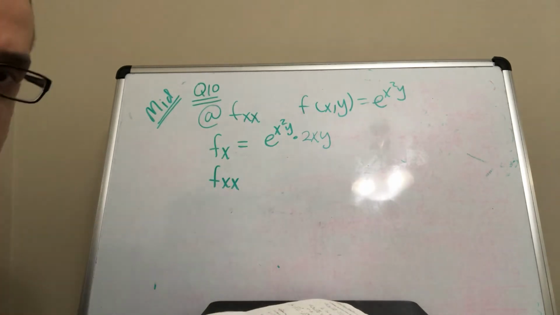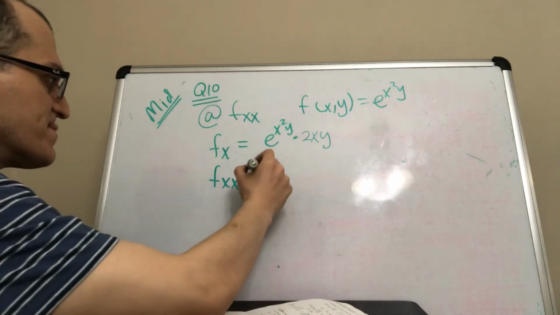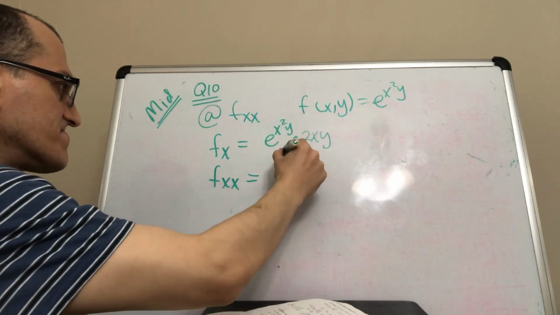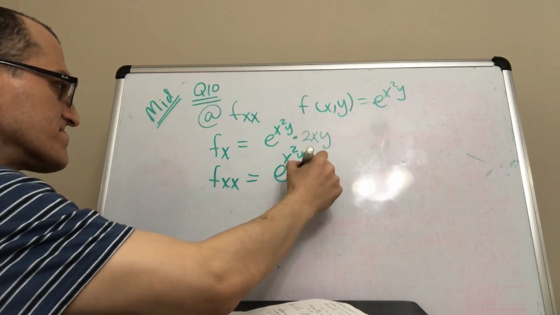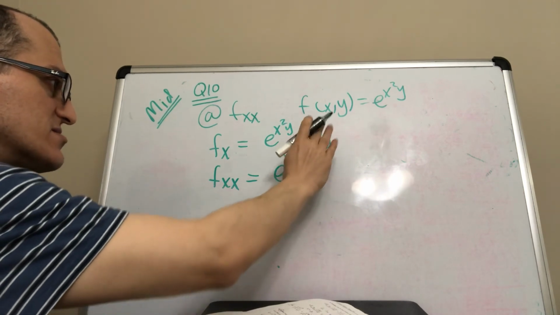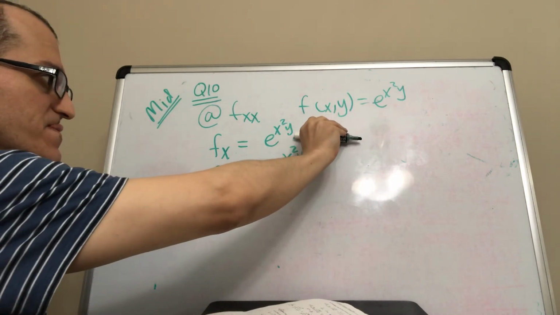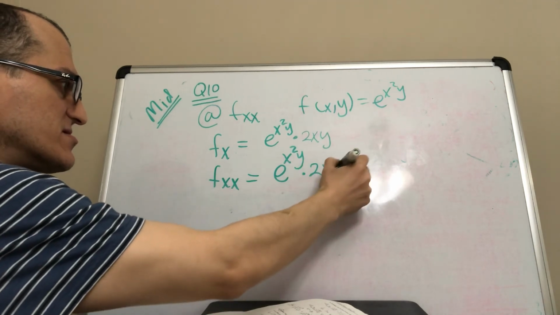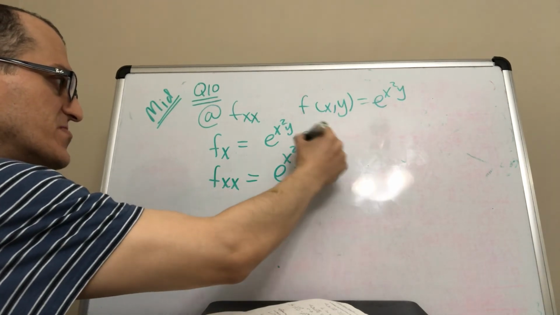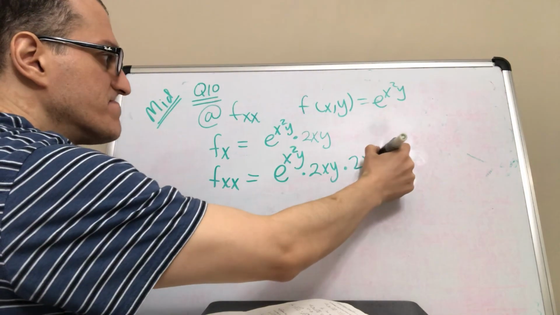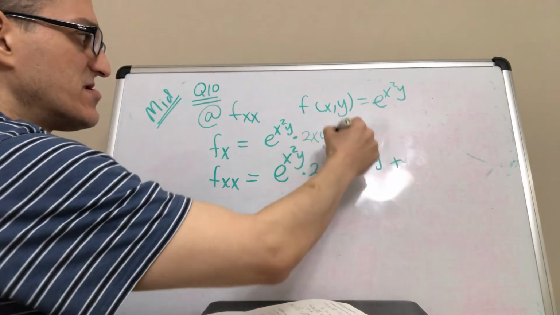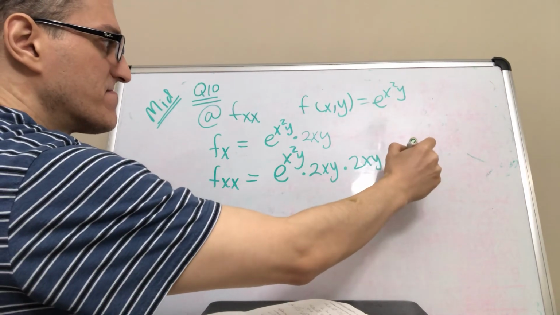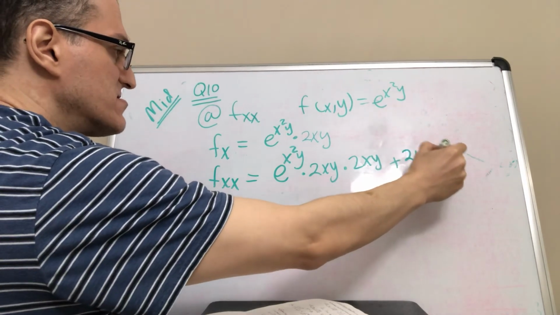Here we have to use the product rule. Derivative of the first one with respect to x: this is the first one, would be itself times the derivative of the exponent. This is derivative of the first one times the second one, plus the derivative of the second one, which is 2y, times the first one.